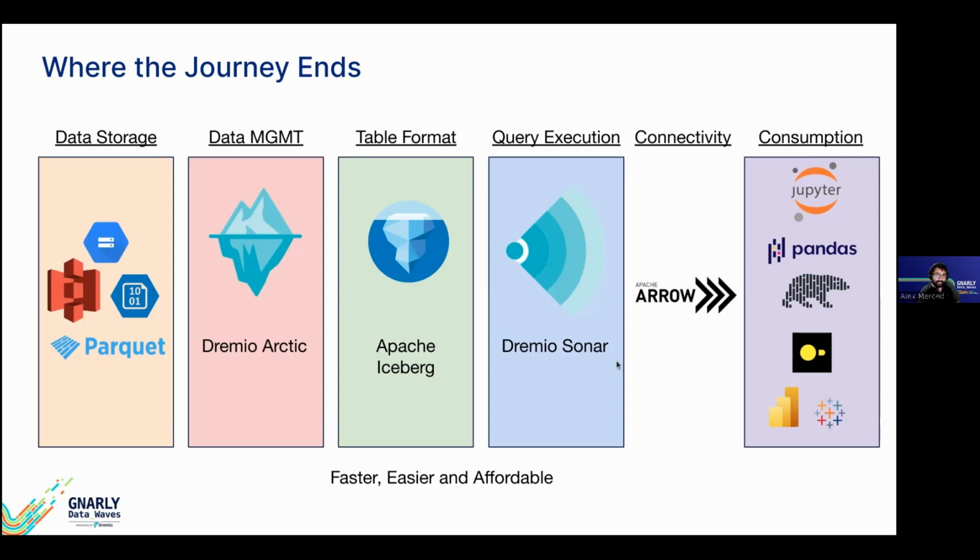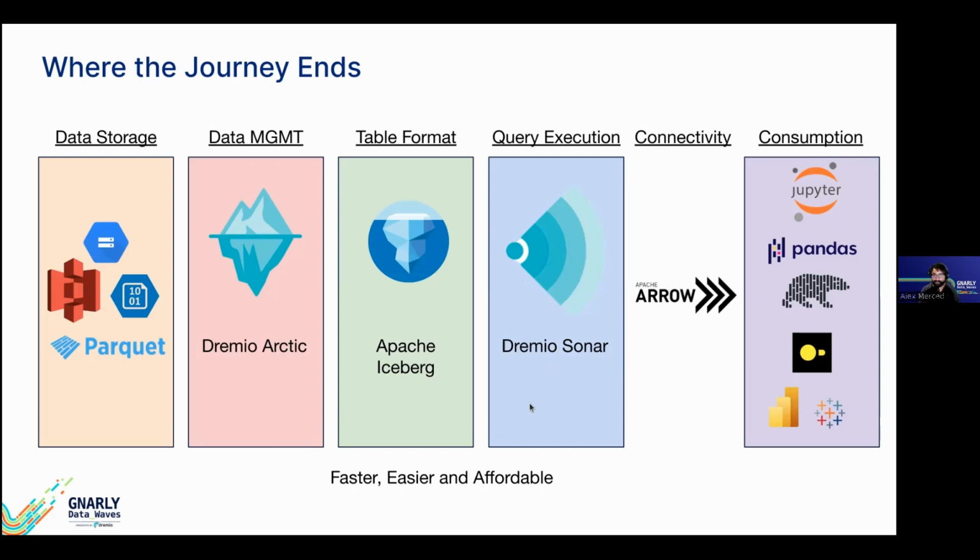You could connect JDBC ODBC to Dremio Sonar, but ideally you connect using Apache Arrow Flight. With Apache Arrow Flight, you're no longer having to serialize and deserialize between column and row, so you're going to get a faster connection. Overall, you're going to have a much easier to maintain infrastructure, because the benefit of cloud is you're just not maintaining all this physical infrastructure, and the benefit of using cloud services like Dremio Arctic and Dremio Sonar is you're not maintaining physical infrastructure for those as well.